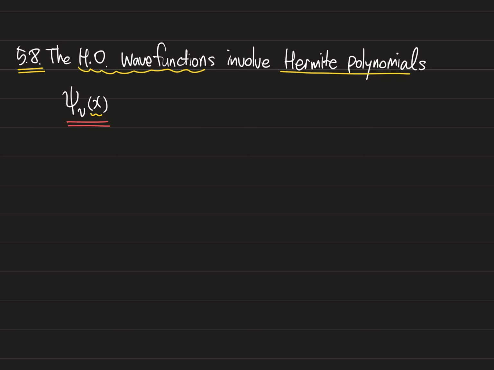And the general solution to the Schrödinger equation for this system has a very specific form. So there is a normalization constant multiplied by a Hermite polynomial. So even though this equation looks quite complicated, it actually is not.